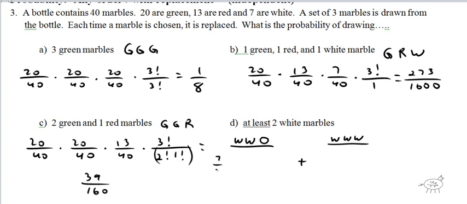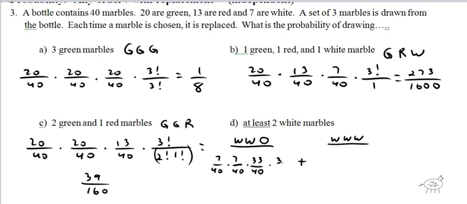So it's plus. So let's do it. We got 7 out of 40 for a white, 7 out of 40 for a white, and other. Well, how many others are there? Aren't there 33 others? And then ways to arrange it.